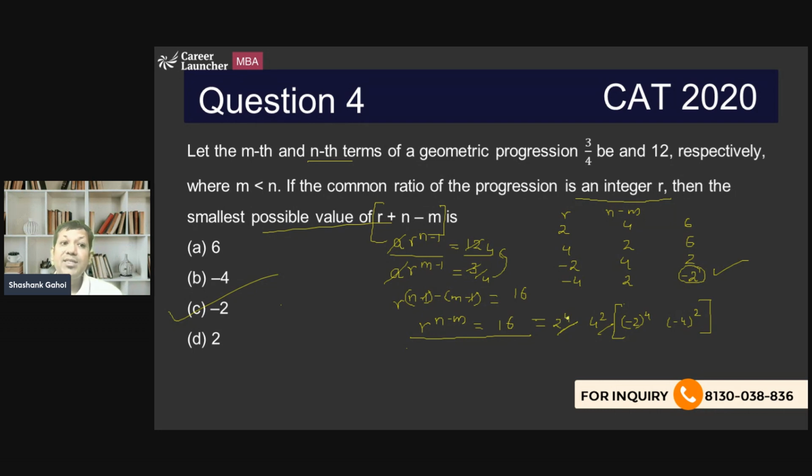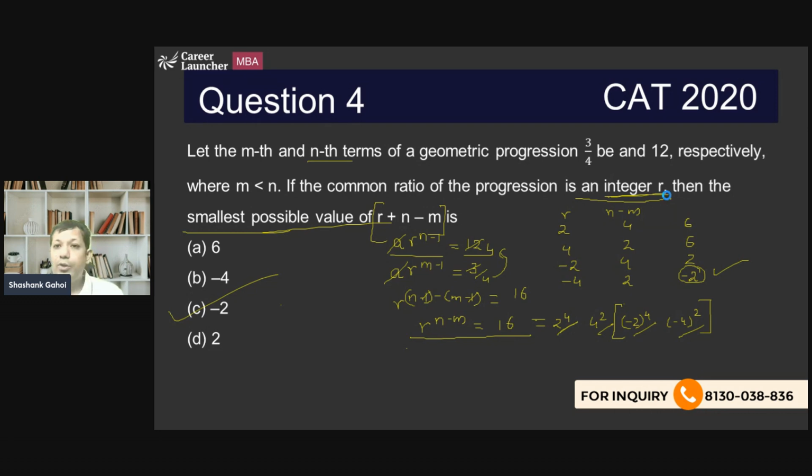And the problem is that 6 is in the options. So what we can do, we mark 6 and move on. But remember, the smallest possible value means there are going to be multiple cases. So one case is going to be this, second is going to be this. And remember, unless the question says positive integer, you shouldn't think in terms of positive integers. The value can be negative as well.